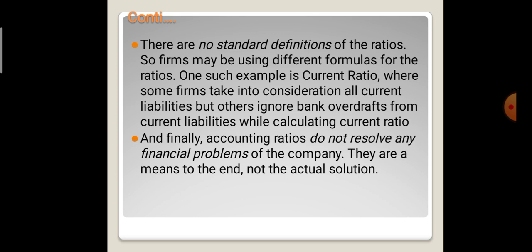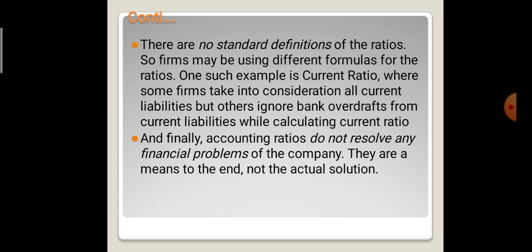Now coming to the next one: finally, accounting ratios do not resolve any financial problems of the company. They are a means to the end, not the actual solution. And there is a lack of standardization.